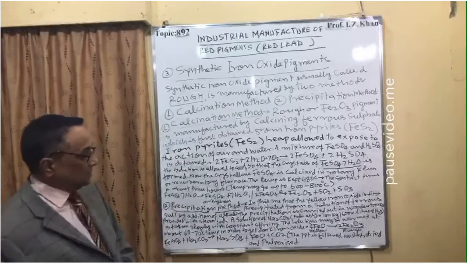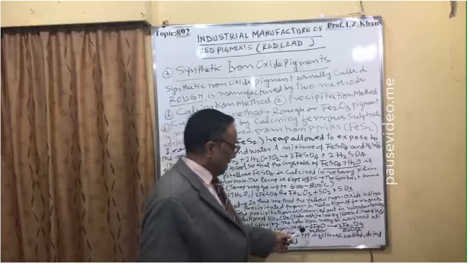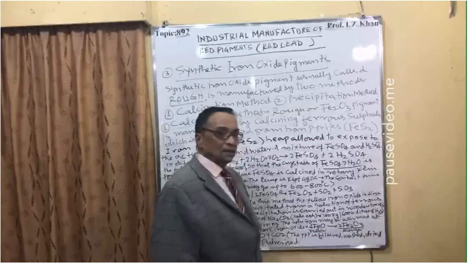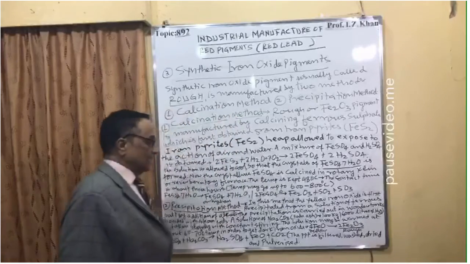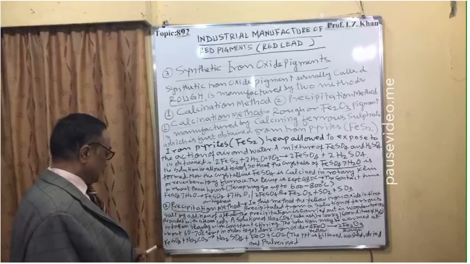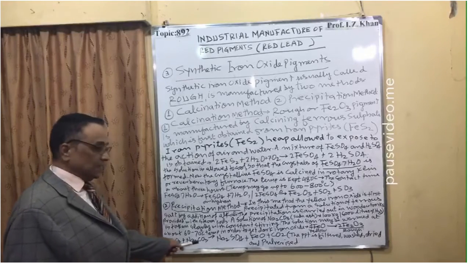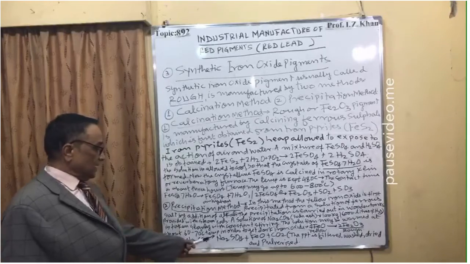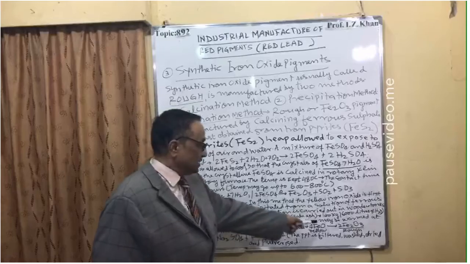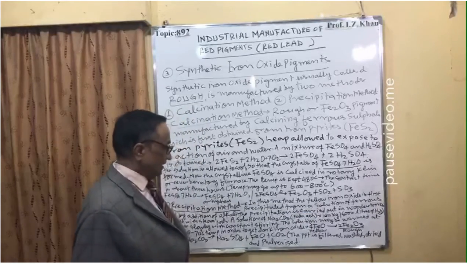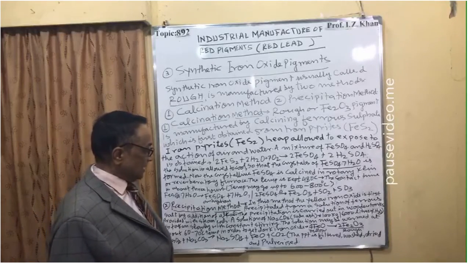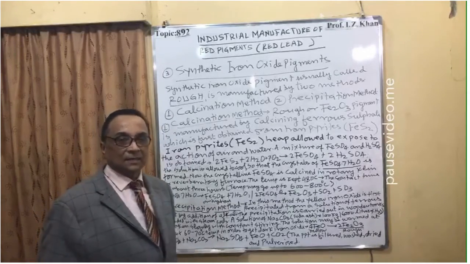The next step is that the yellow FeO is converted into Fe2O3, called rouge. The reaction is FeSO4 plus Na2CO3, soda ash solution, gives Na2SO4 plus FeO plus CO2, and this FeO is further oxidized into red pigment. The precipitate is filtered, dried, washed and pulverized, and then packed.